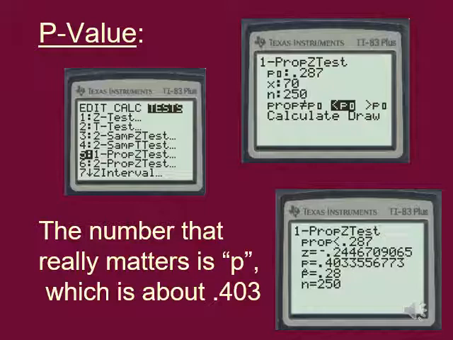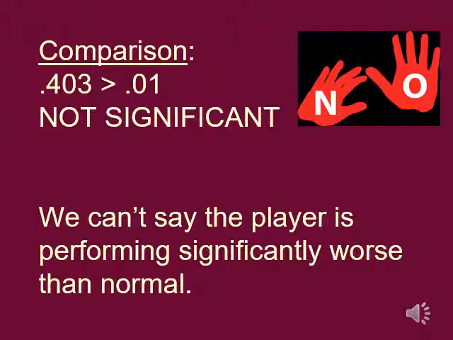This time it's not in scientific notation. And what that's basically saying is there's a 40% chance that this is not a significant result. And again, we do our comparison by looking at that p-value, and you compare it to alpha, the level of significance. Here, 0.403 is bigger than 0.01.